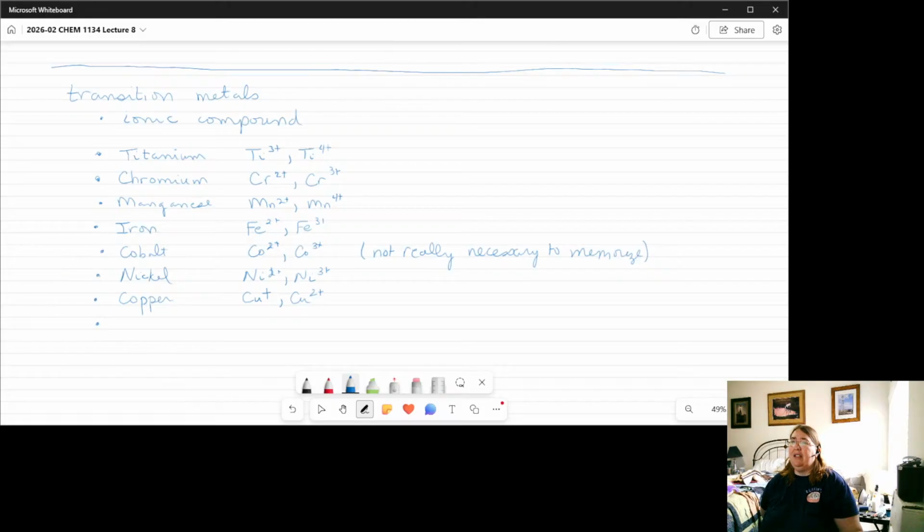Zinc, on the other hand, is very common. Zinc is +2, only +2. It's very common in the lab because you'll see zinc as a metal placed on other metals to prevent oxidation, to prevent rusting, especially in saltwater environments.